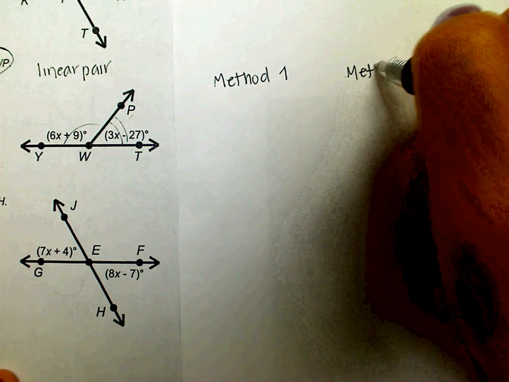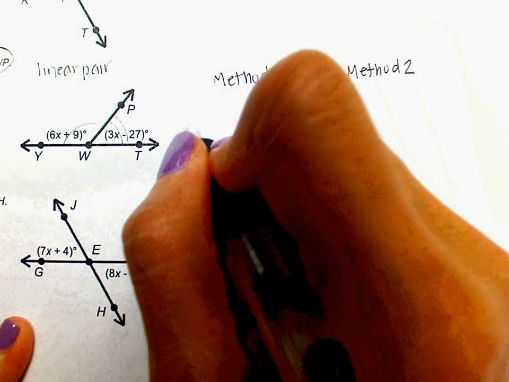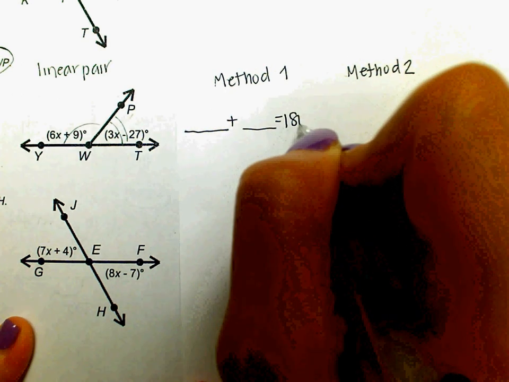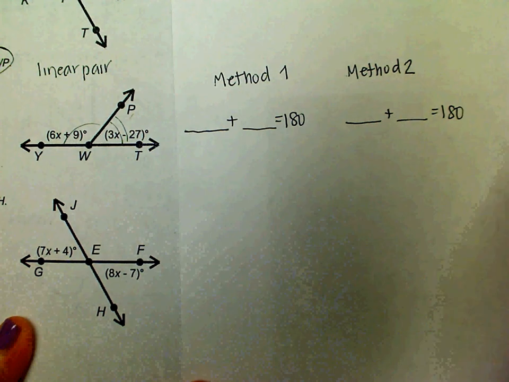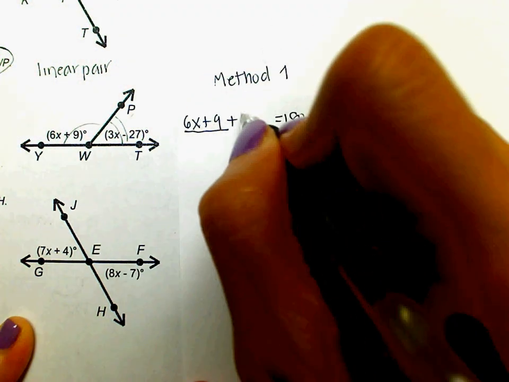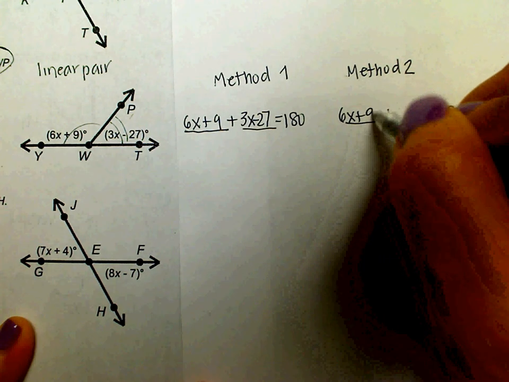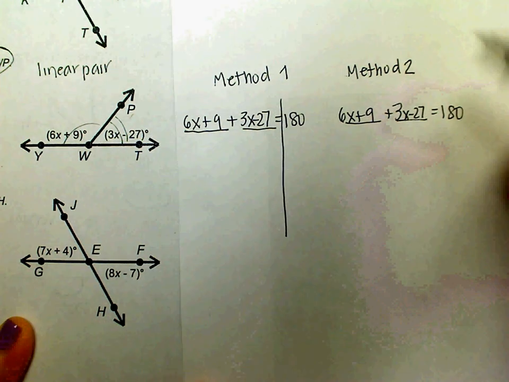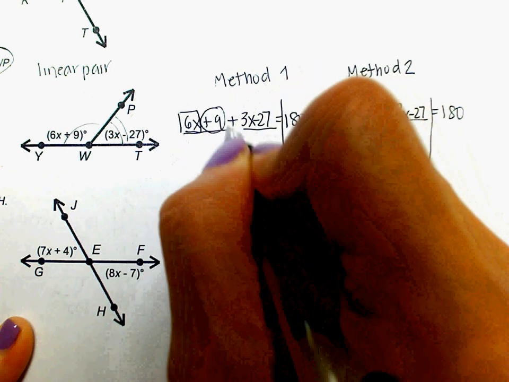Okay, so method 1, well, both of them are the same. Remember, linear pair, blank plus blank should equal 180. Blank plus blank should equal 180. Okay, so for this one, 6x plus 9, 3x minus 27. Same here, 6x. I should write a little bit neater to fit it all in. All right, this part's the same, and so is this part. Don't forget that negative.